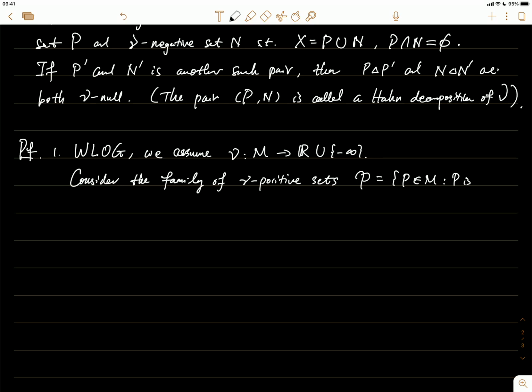So P is nu positive means that for every subset of P, the signed measure nu on that set is non-negative. Then we define M to be the supremum of the measure nu(P), where P is in this family.